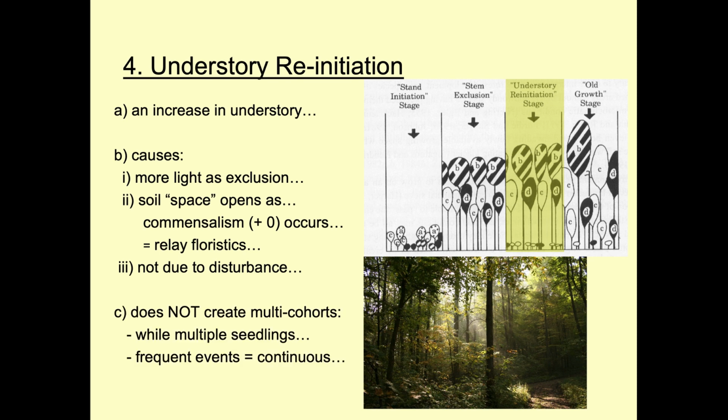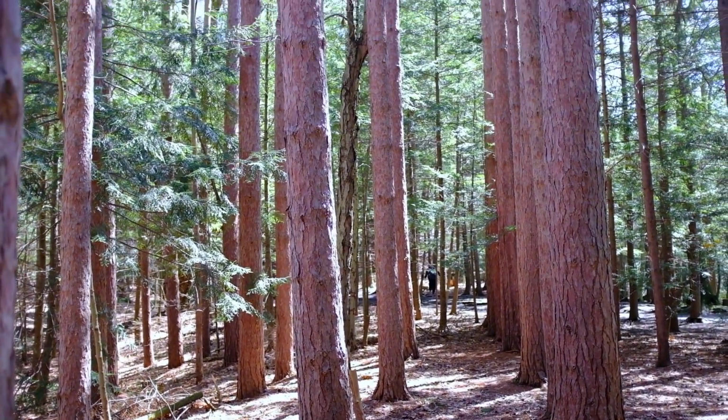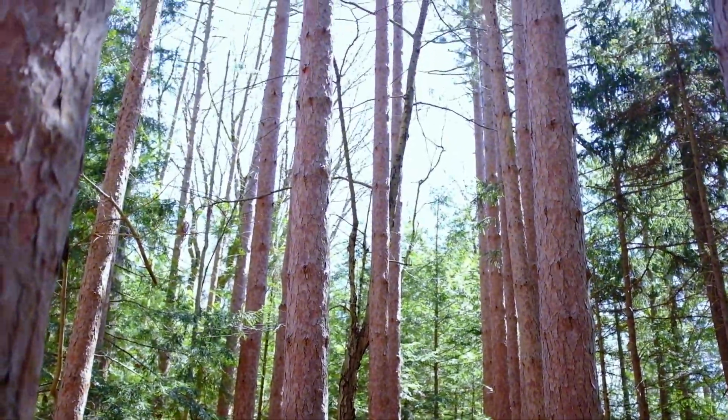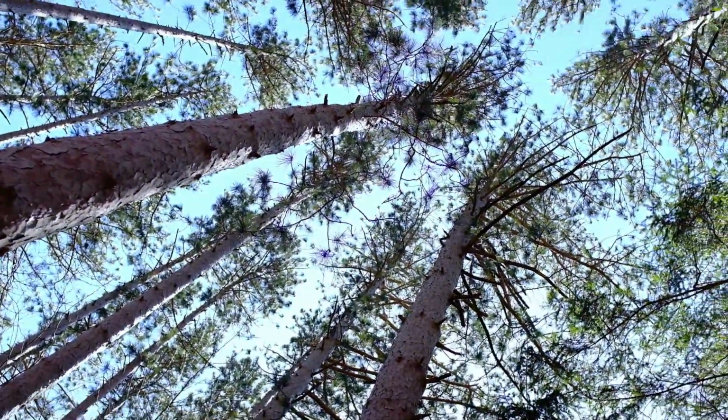This understory reinitiation phase, for two reasons, does not create multi-cohort stands. Firstly, because these gaps are too small. While they might allow multiple seedlings to establish at one time, following the stem exclusion stage, typically only one or two of the seedlings will survive to become mature trees.